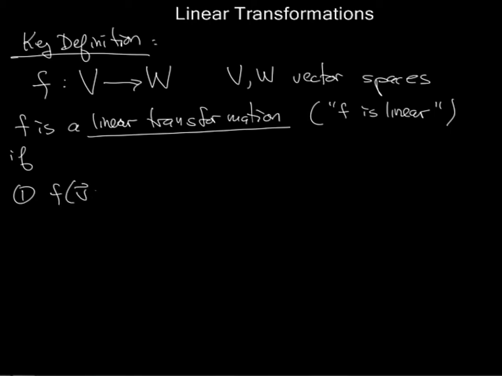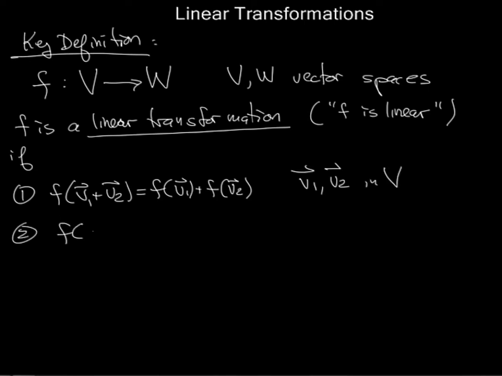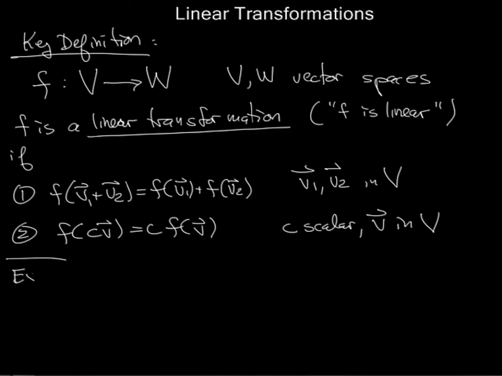Well, first of all, f of v1 plus v2 is required to be f of v1 plus f of v2, where v1 and v2 are in V. And secondly, f of c times v is required to be c times f of v. So these are exactly the same conditions that we had when we talked about linear transformations from Rm to Rn, but now we're just saying them in the context of an abstract vector space.